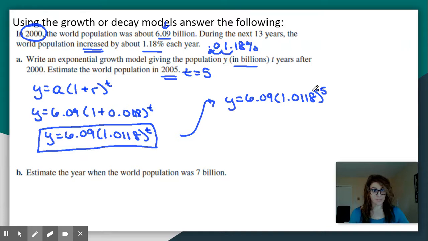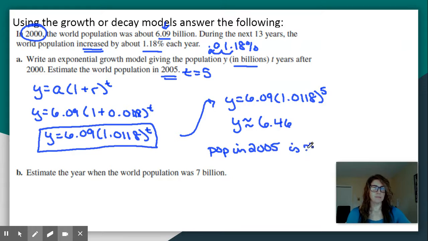If I pull up my Desmos calculator or a calculator on your phone, you're just putting it in and you're going to estimate it's going to be about 6.46. I'm giving 2 decimals back because that's what we started with. So round to 2 decimals in your answer. So the population in 2005 is about 6.46 billion people.